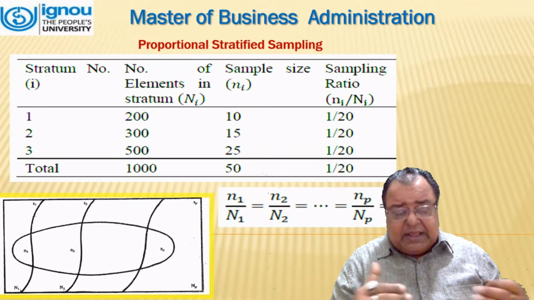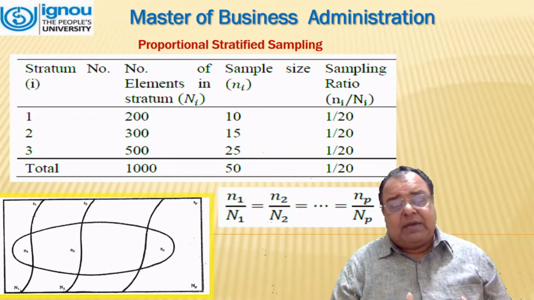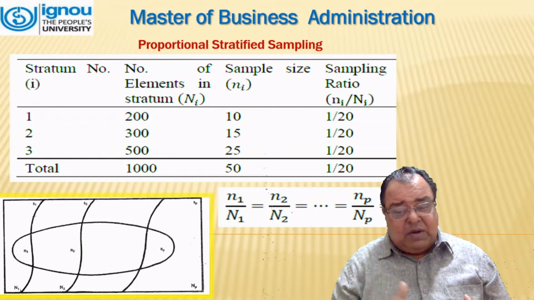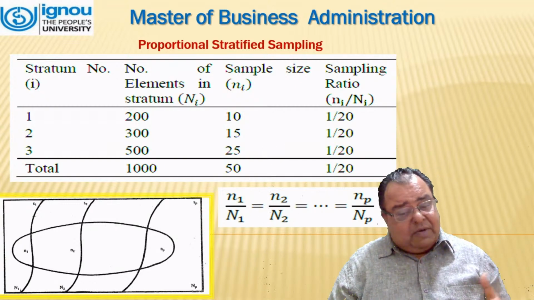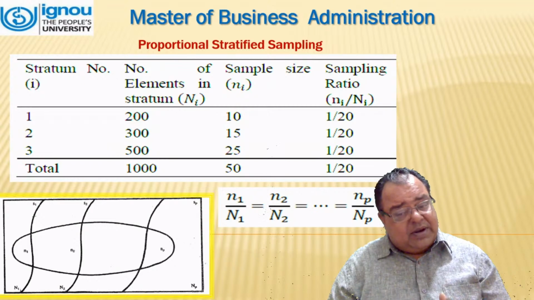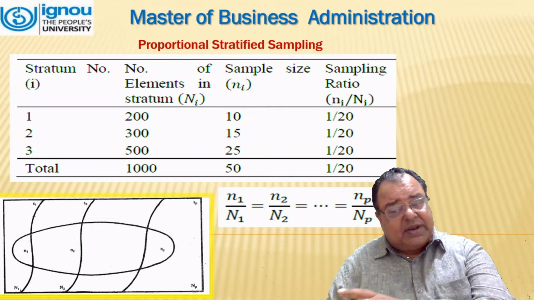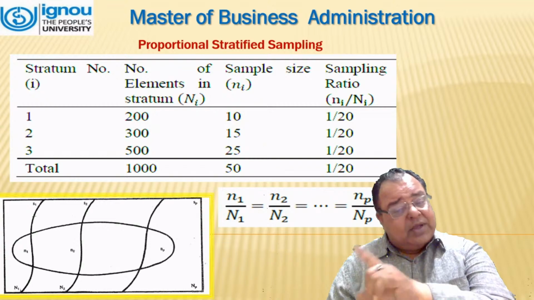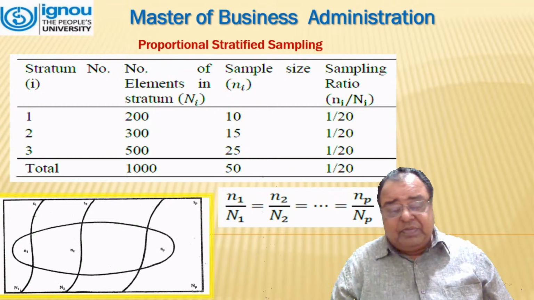And when we take this as a whole, that will be 50 by 1000, which will be 1 by 20. So mathematically we can say that n1 upon N1 is equal to n2 upon N2 is equal to, till the last one, np upon Np, which is equal to n upon capital N.